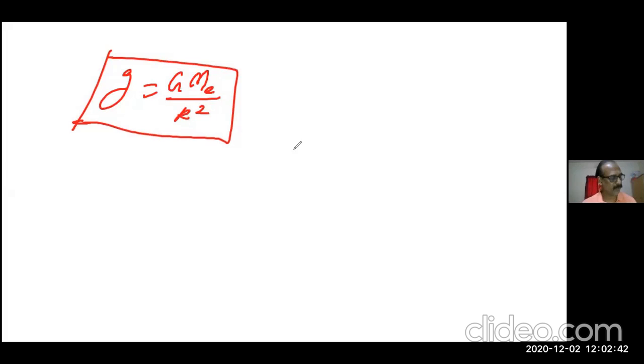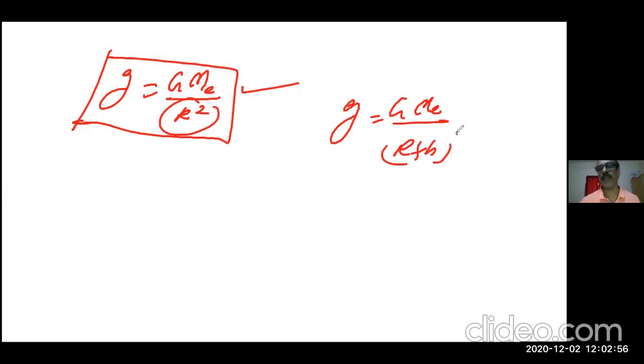Clear? So this formula is applicable to smaller heights. When larger heights come, we have to use g is equal to GME divided by (R plus h) whole squared. Is it clear?